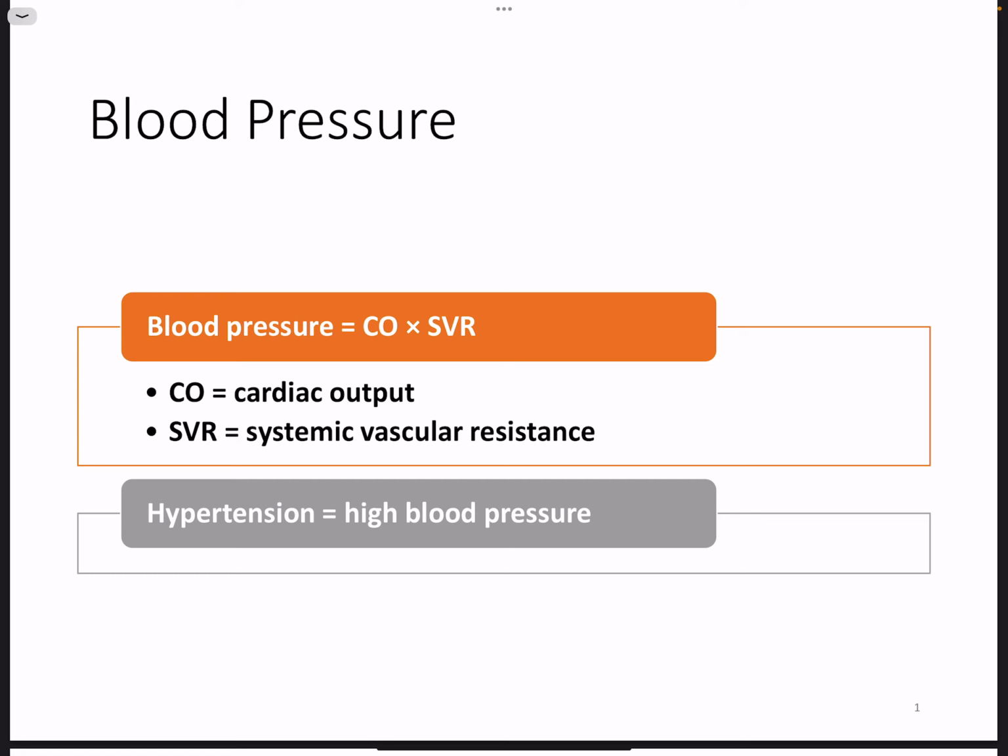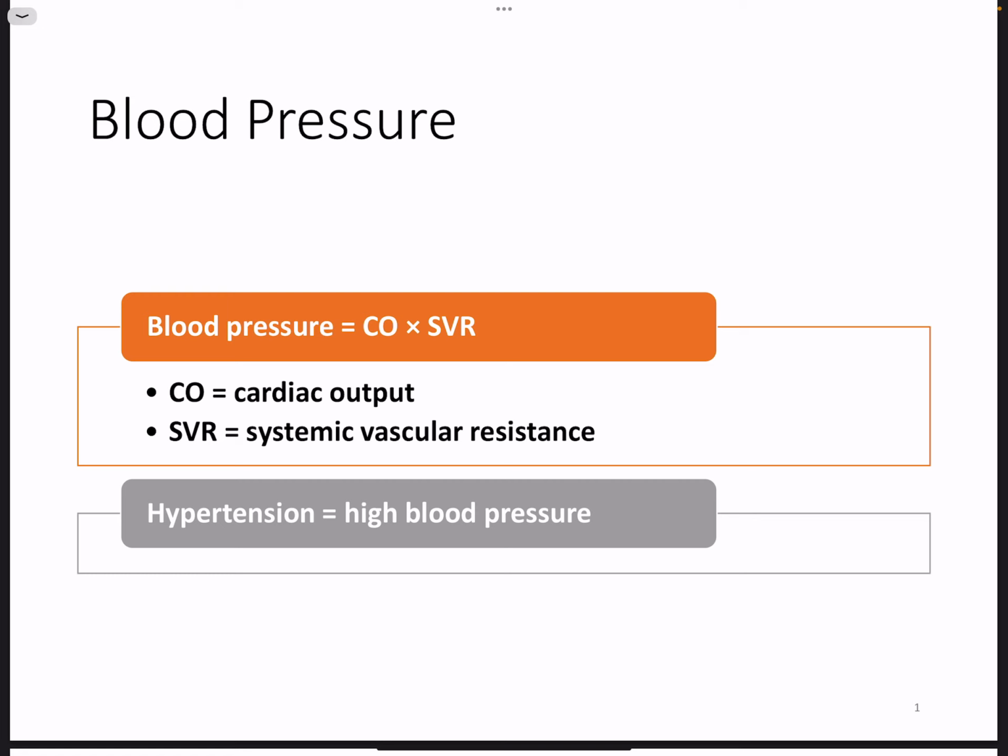But the systolic value is high. So that is called isolated systolic blood pressure. Next important thing that we need to understand, mostly we deal in our clinics with patients with essential hypertension.